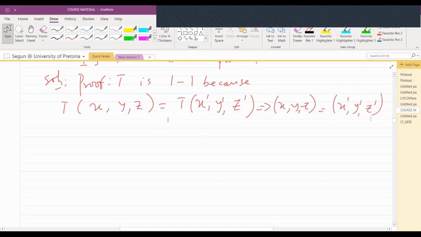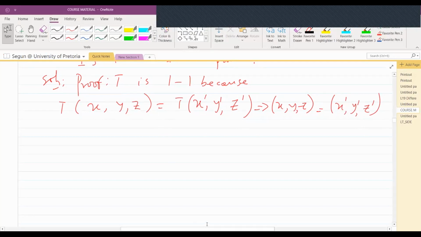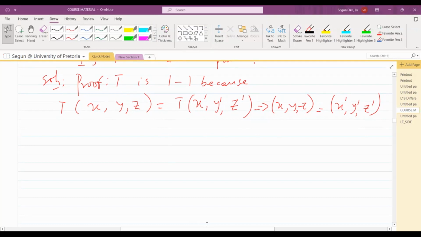Now, when you see T, I just try to take it out of the transformation, then it's 1 to 1. Like the example that I said the other time, where the first element from the domain maps to another element in the codomain.